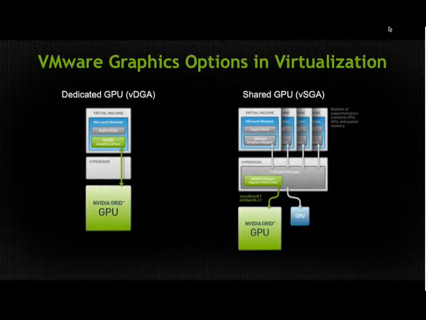So on the left, dedicated GPU, or vDGA as we call it, is the direct pass-through of a GPU to a virtual machine. Looking at the drawing, you'll notice the GPU punches through the hypervisor, and the important thing in these drawings is where is the green box. The green box is our driver.